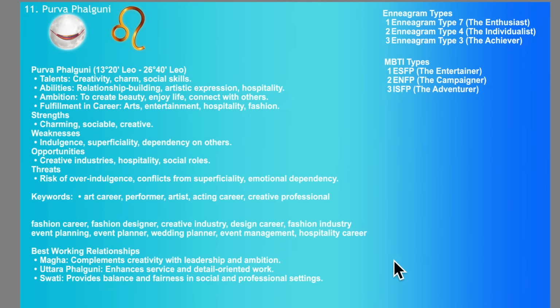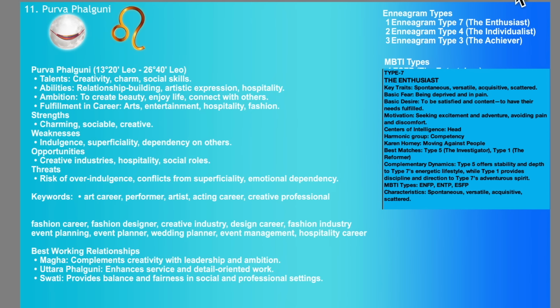Let's see that now. The first Enneagram type being type 7, the enthusiast, whose qualities are spontaneous, versatile, acquisitive, and scattered. Basic desire is to be satisfied and content, to have their needs fulfilled. That doesn't give us much. What about motivation? Seeking excitement and adventure, avoiding pain and discomfort.